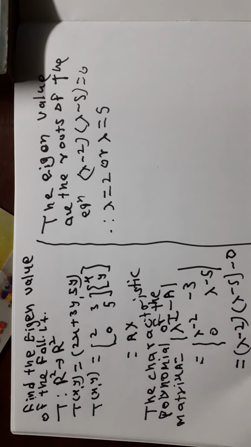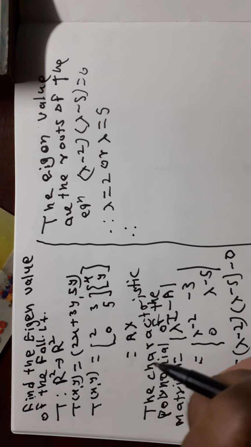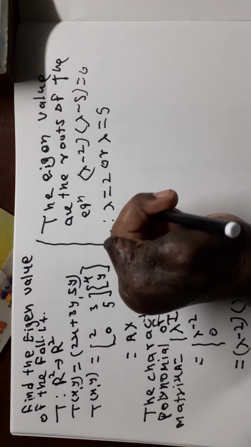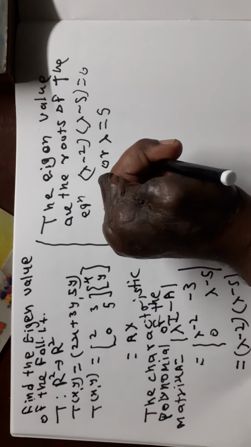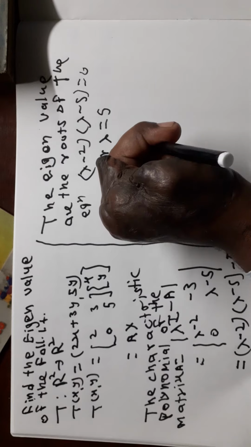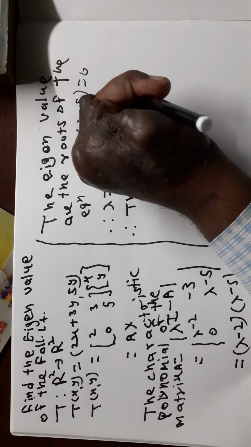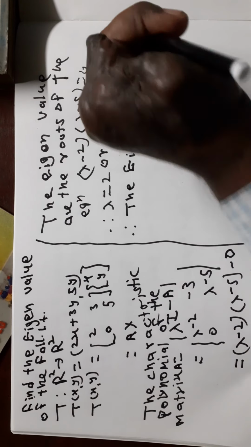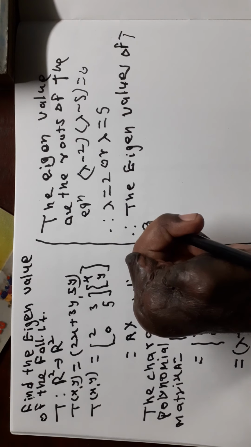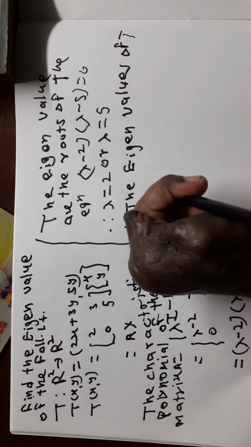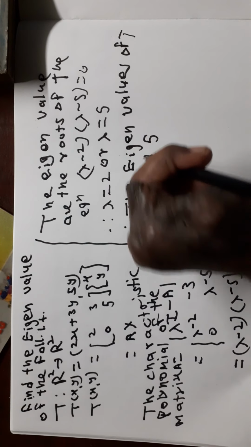Now, second example. Therefore, the eigenvalues of T are 2 and 5.